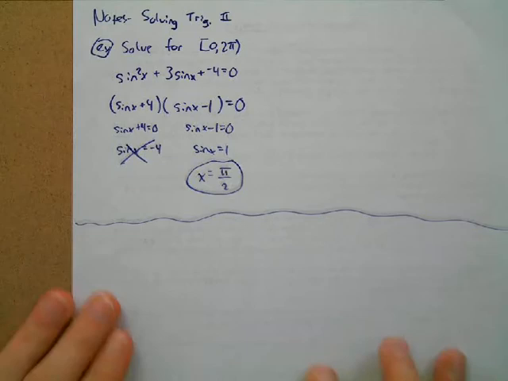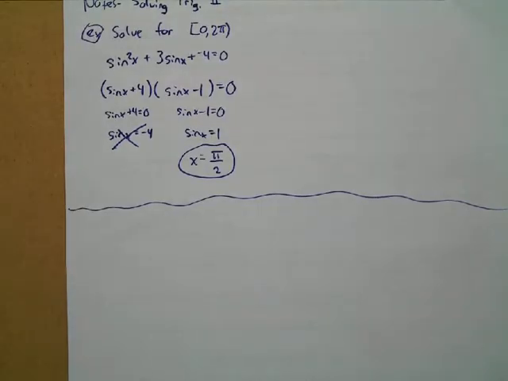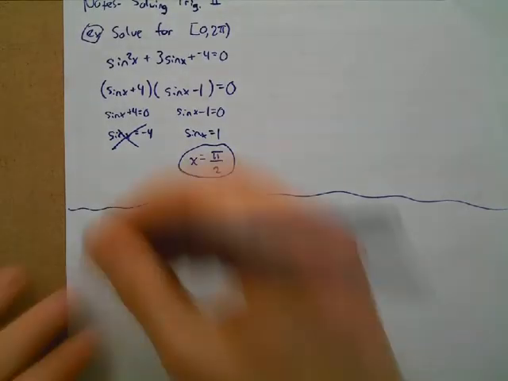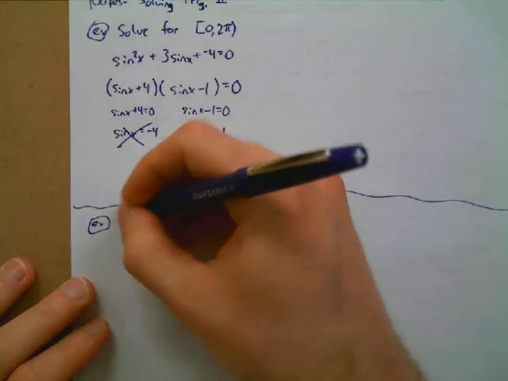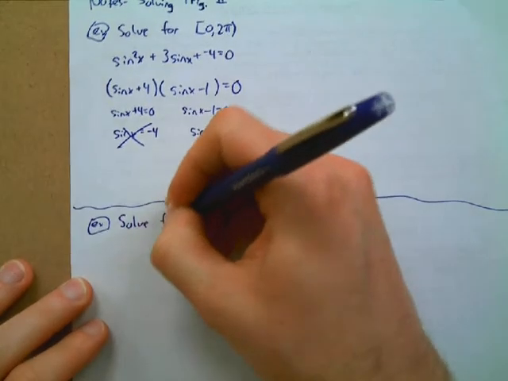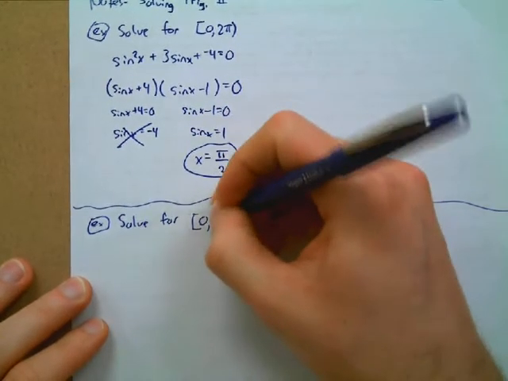Okay. How about this one? Again, same directions. We'll solve for 0 to 2 pi. Okay, and then here is our equation.